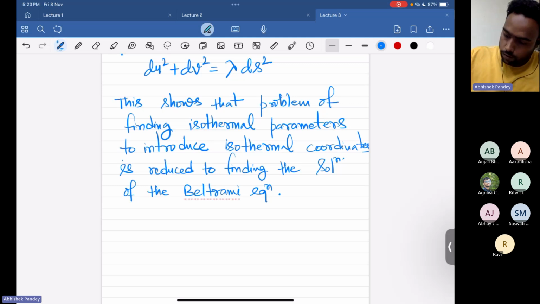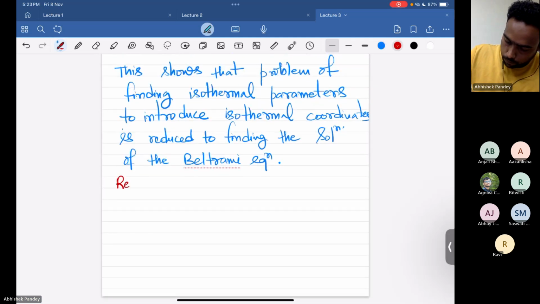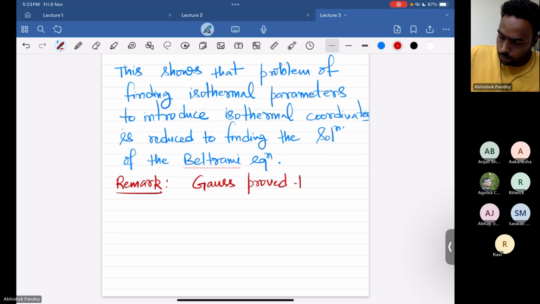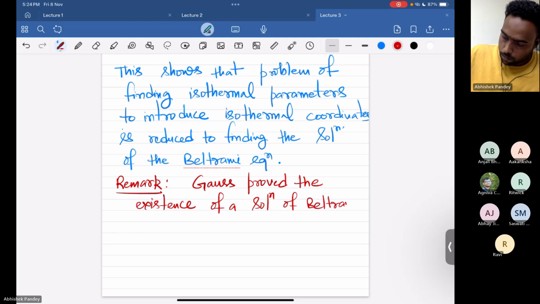So here is a remark. Basically, Gauss proved the existence of a solution of the Beltrami equation when mu is real analytic.